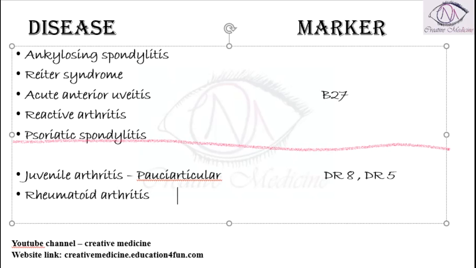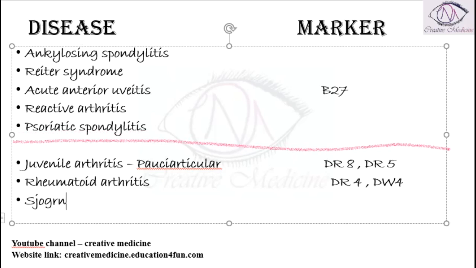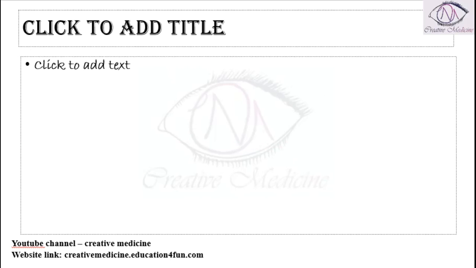In rheumatoid arthritis we have markers like DR4 and DW4. Then we have Sjogren's syndrome. The marker of Sjogren's syndrome is DR3.